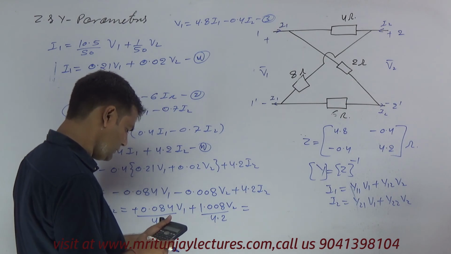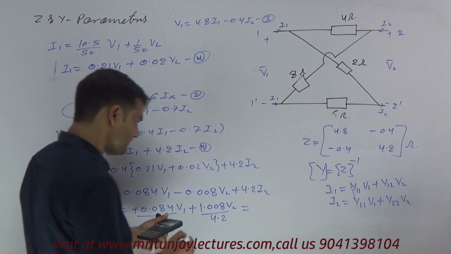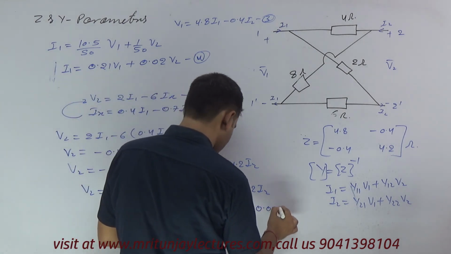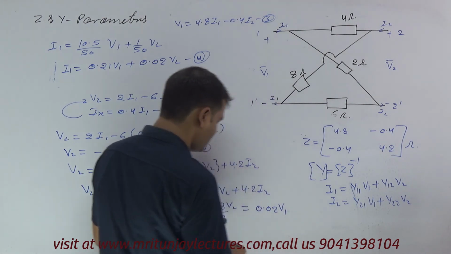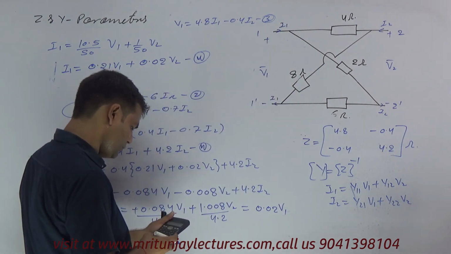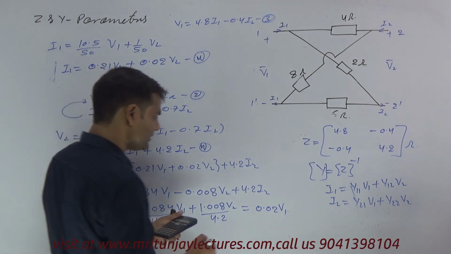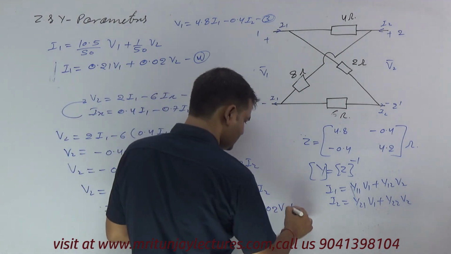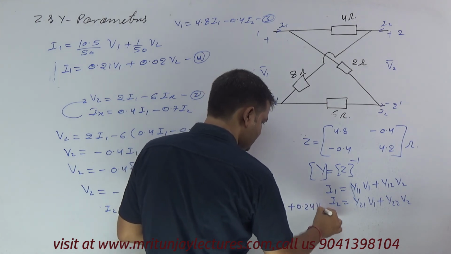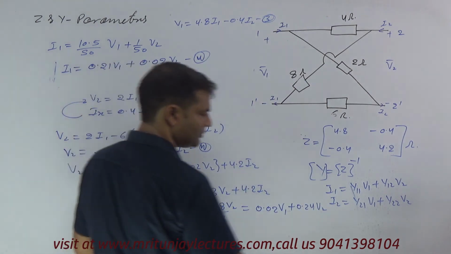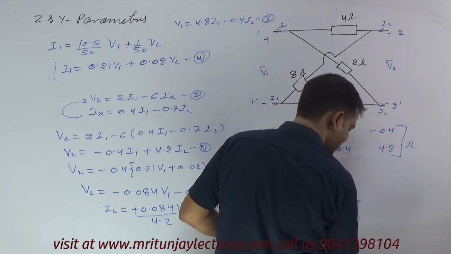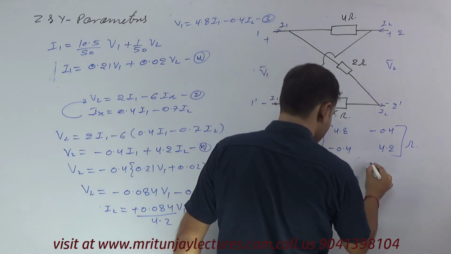0.084 divided by 4.2, that is 0.02 V1, and 1.008 divided by 4.2, that is finally 0.24 V2. So our motto, Y parameter also done.